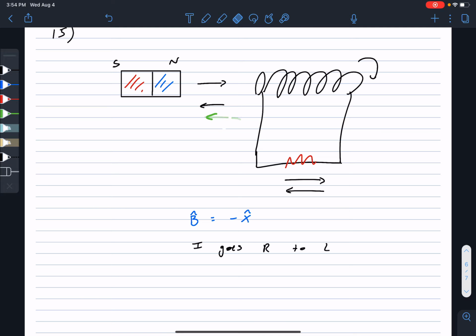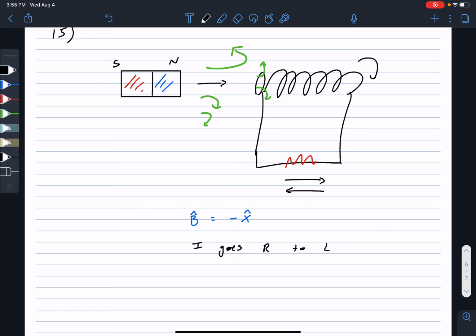Okay, and if we use this same logic, we're pulling the bar magnet away from the coil, right? We're pulling it this way. So now, instead of having this field increase, it's actually going to be decreasing. Or really just the value of the flux gets smaller through the coil.